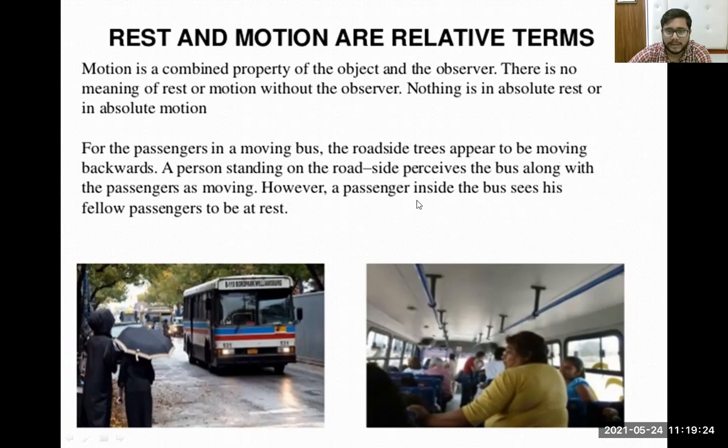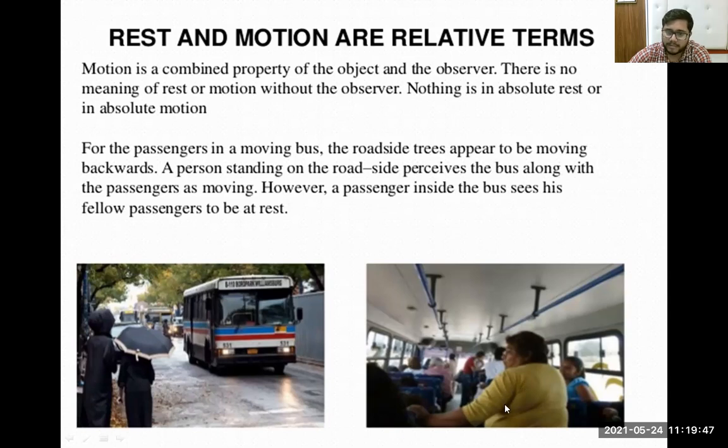However, the passenger inside the bus sees his fellow passengers to be at rest. So this is the meaning of rest and motion. Therefore, they are relative in nature. Suppose a person inside the bus is observing another person who is also inside the bus.